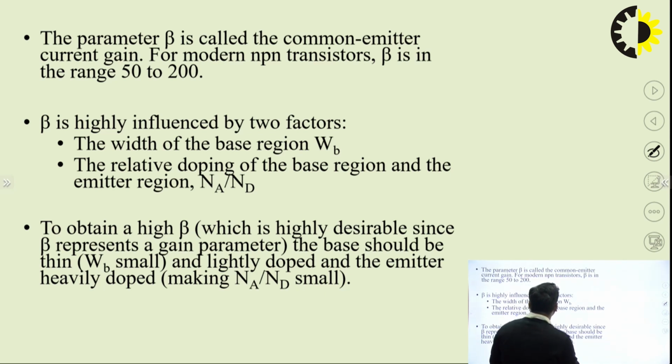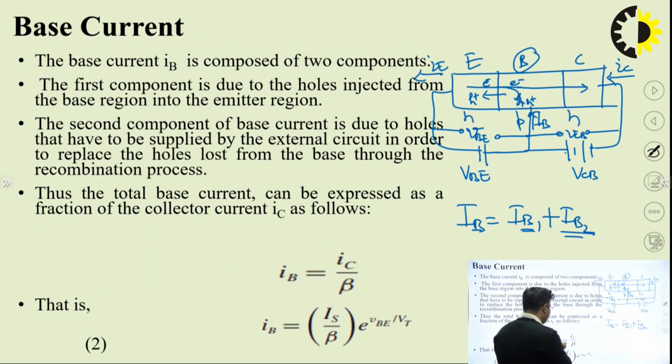So beta is responsible for the value of base current. We wish to have a very small value of base current, because we do not need recombination of electrons in the base region. From this equation, it is evident that the value of IB depends upon beta. If beta is higher, then the value of IB will be lower. So we should have beta as high as possible.